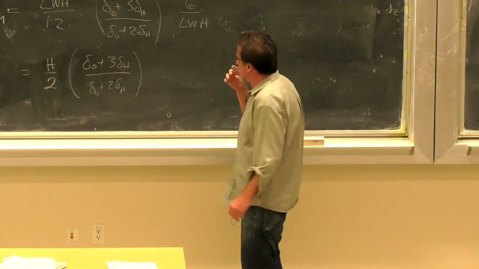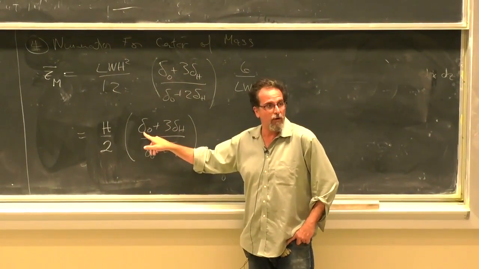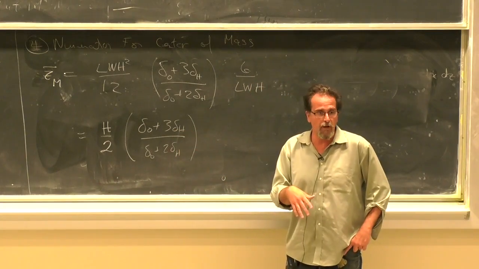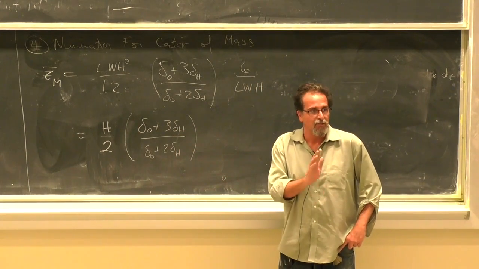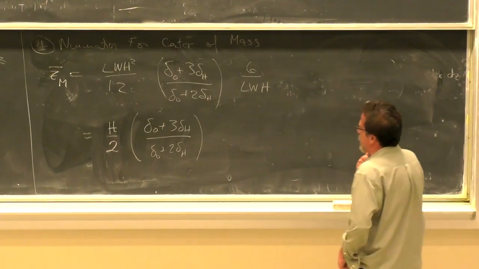So what's a simple situation? What if delta h equals delta 0? If delta h equals delta 0, that means the density should be constant. That means the center of mass should be where the centroid is. Now, that's why I was wondering if I made a mistake.